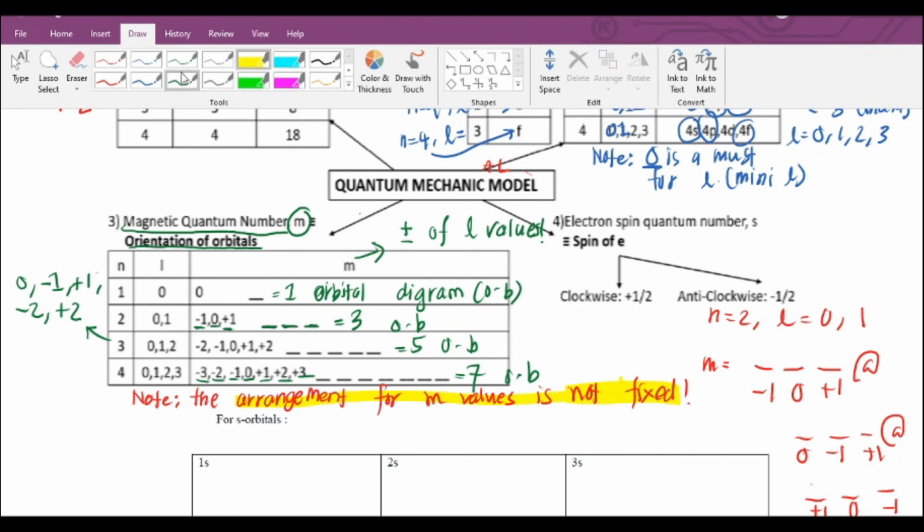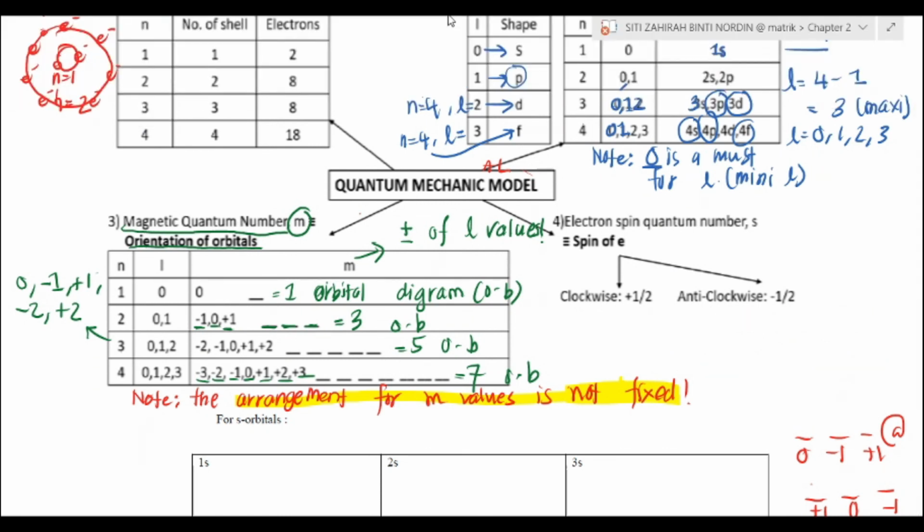The last thing in the quantum mechanical model is the electron spin quantum number with the symbol S, which represents the spin of the electron. For clockwise, it has a positive half. Why is it half? Because this is how you write an electron in an orbital diagram.